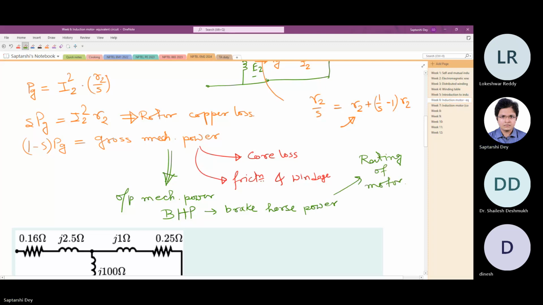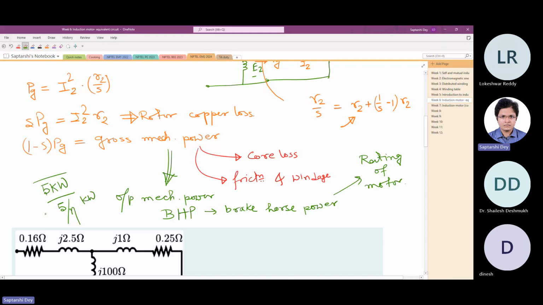So if there is a motor, induction motor, any motor rated for say 5 kilowatt, that means you are getting 5 kilowatt at the output from the shaft, and the input power is more than 5 kilowatt. How much is it? It is 5 by eta, where eta is efficiency.